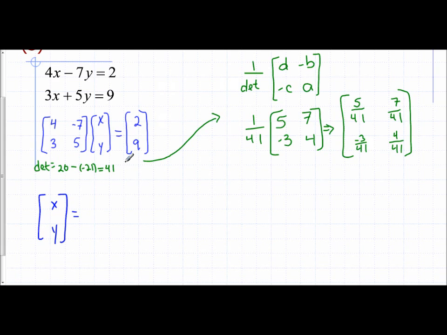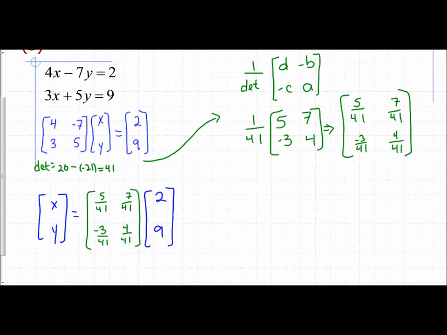We have our 5 over 41, our 7 over 41, our -3 over 41, and our 4 over 41, and we want to multiply it by the solution matrix 2, 9. Front multiplication with the inverse.